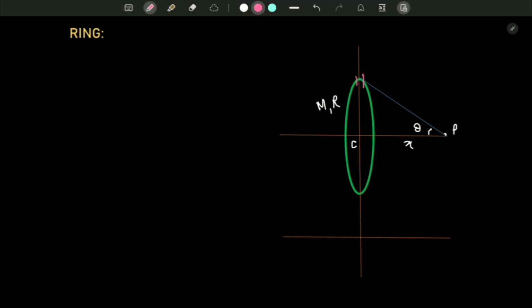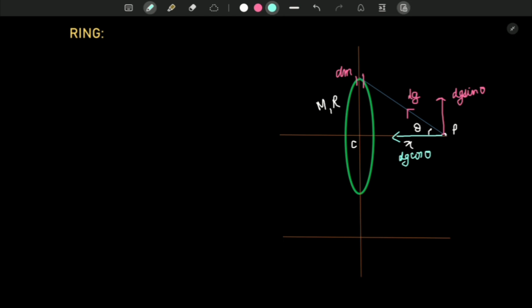So let us take a small element over here, and the mass of this small element be dm. So certainly in this direction a field will act, which is dg. So if I break this component, vertical component will be dg sin theta, and this component towards the center, this is dg cos theta.